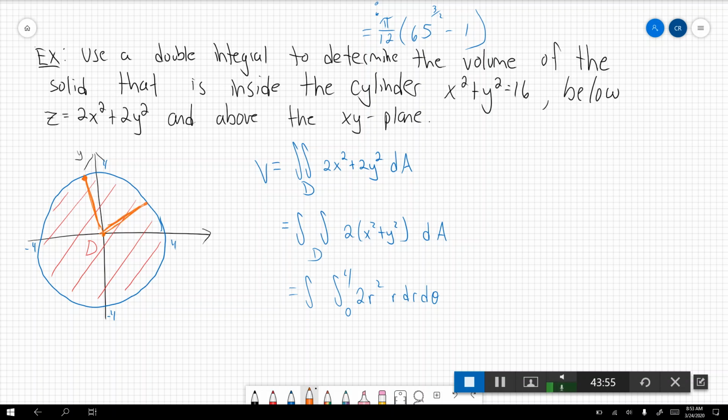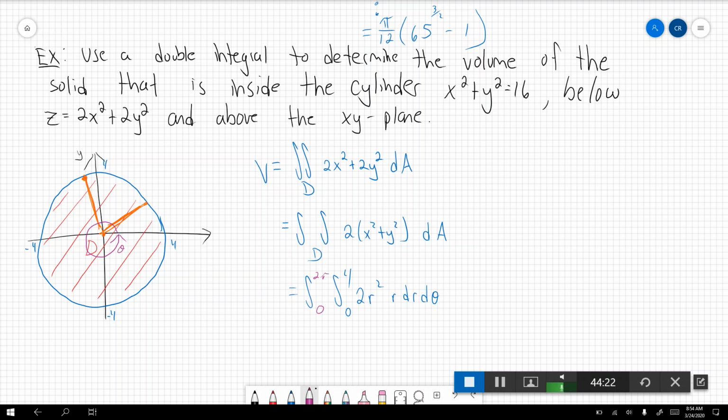It's always going to be from 0 to the radius. Now I need some sort of theta. What's the theta value that we're sweeping through? You guessed it, 0 to 2 pi. Which means all we have to do is integrate here.